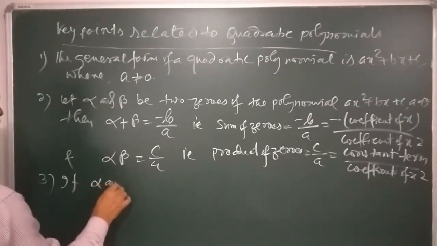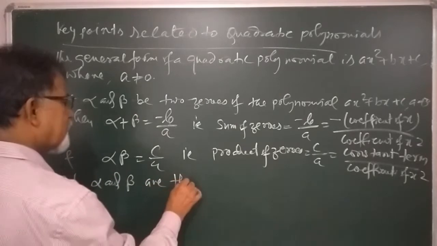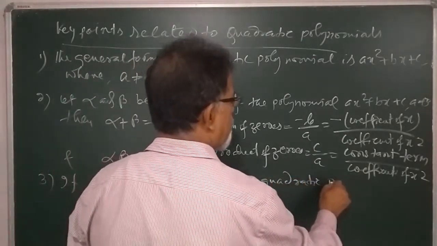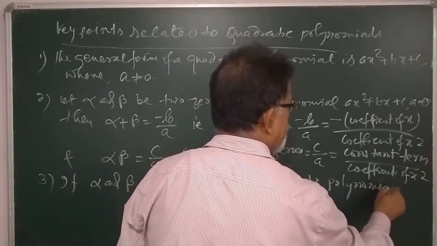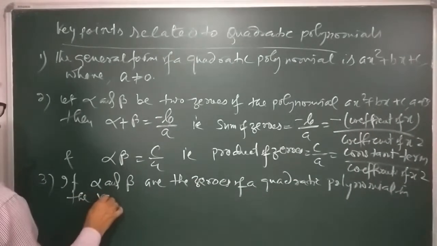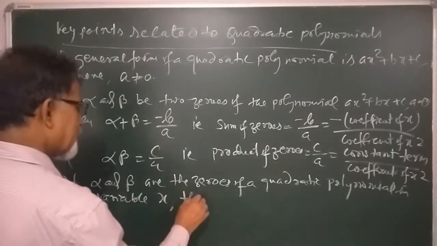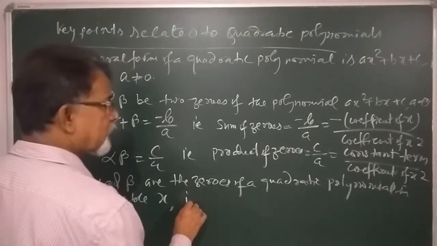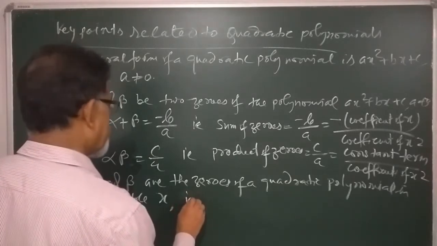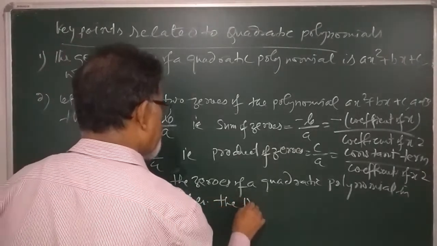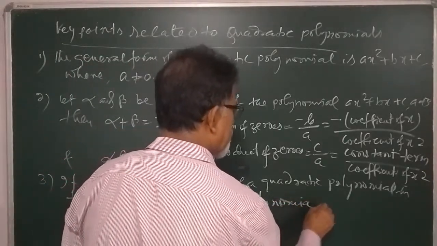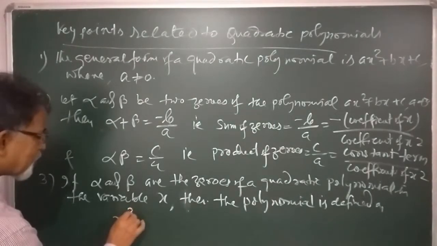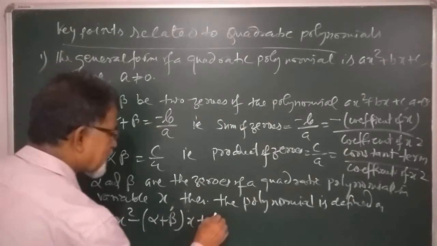If alpha and beta are the zeros of a quadratic polynomial in the variable x, then the polynomial is defined as x square minus (alpha plus beta) into x plus alpha beta.